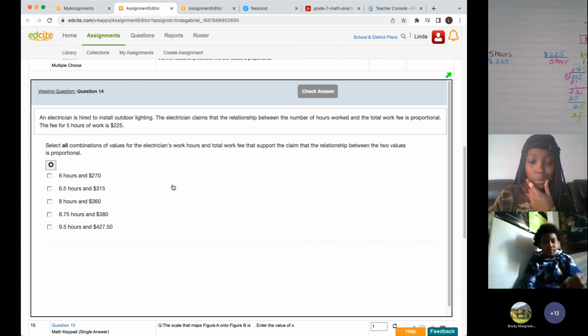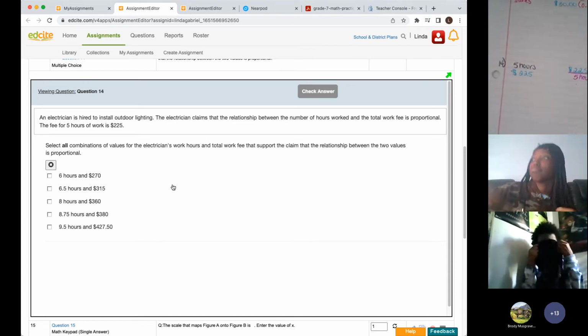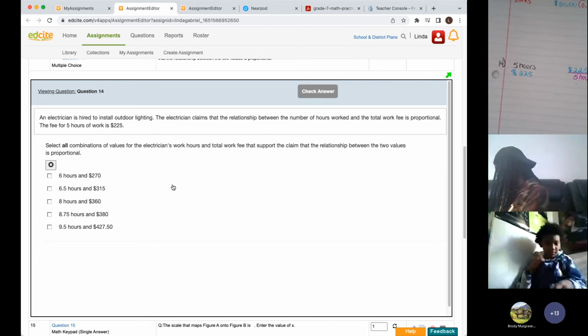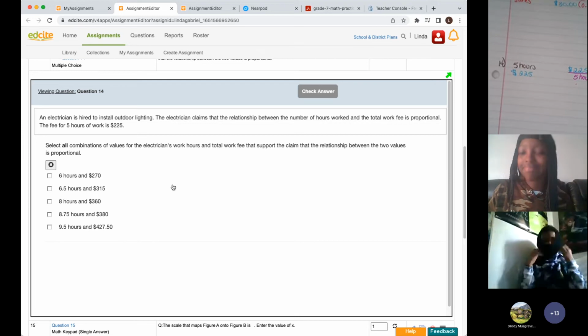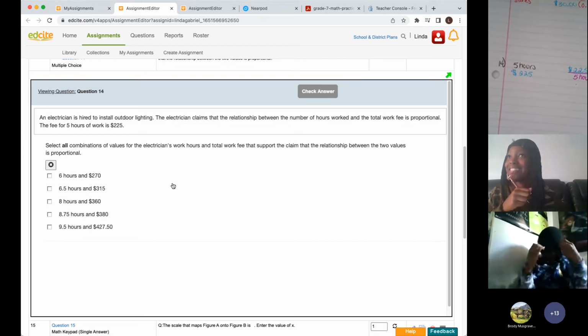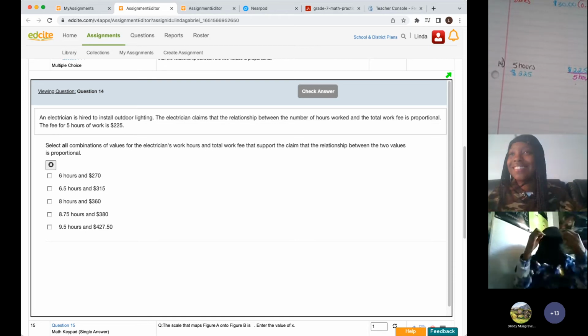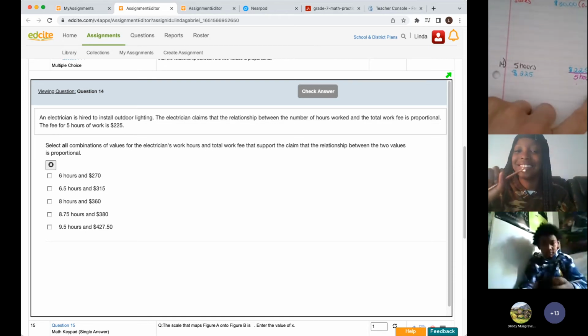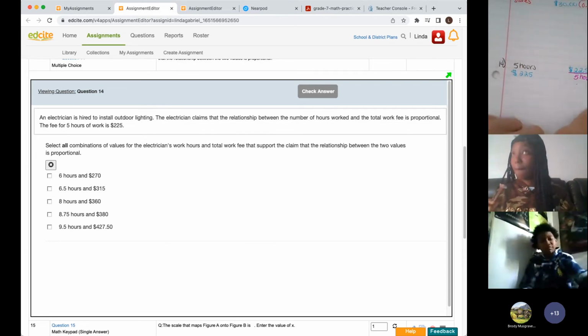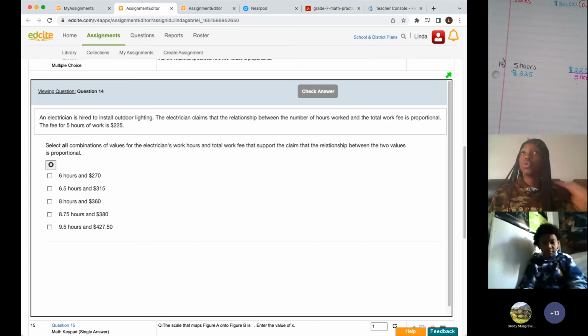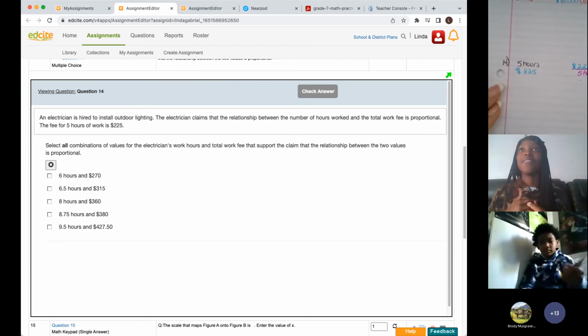All right, so in the question, it says select all combinations of values for the electrician's work hours and total work fee that support the claim. So now that we know how much he charges per hour, all we have to do is plug in the numbers for the answers given and see if they work out, right? So first one says 6 hours and $270. So if he charges $45 an hour and it says 6 hours, we need to multiply 45 by 6.